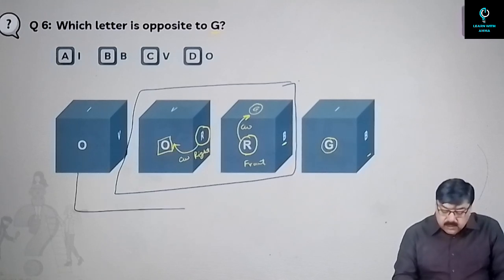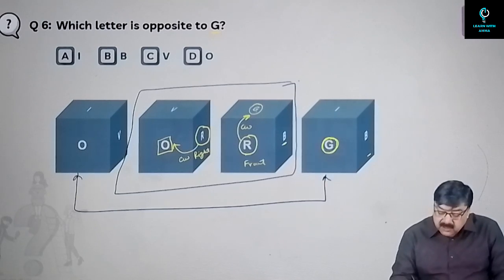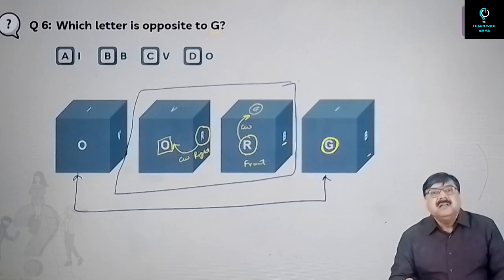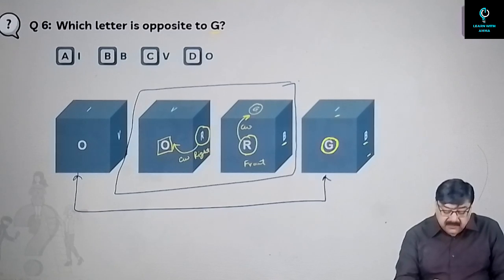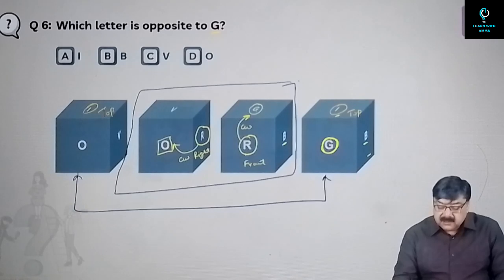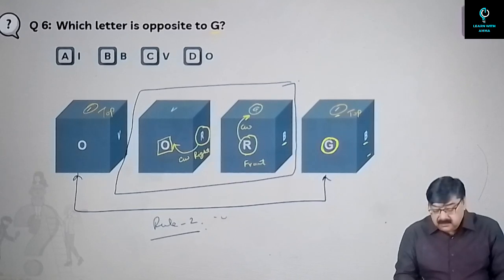Now we could have also used first and fourth diagram. How? Well, fourth diagram consists of letter G, that is the question character, along with I and B. And first diagram consists of I, O and V, in which letter I is in the top face. So here you can apply rule 2, that is 1 common and is in the same face.